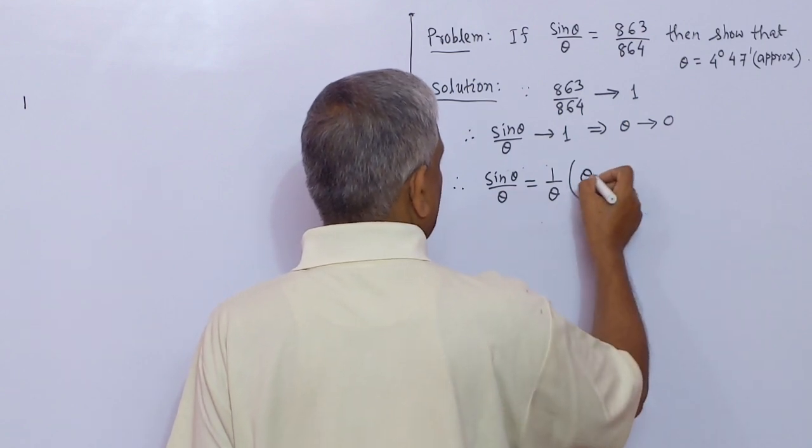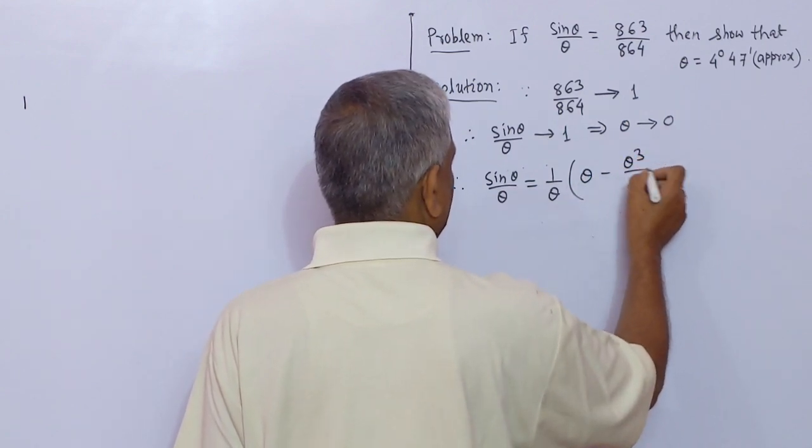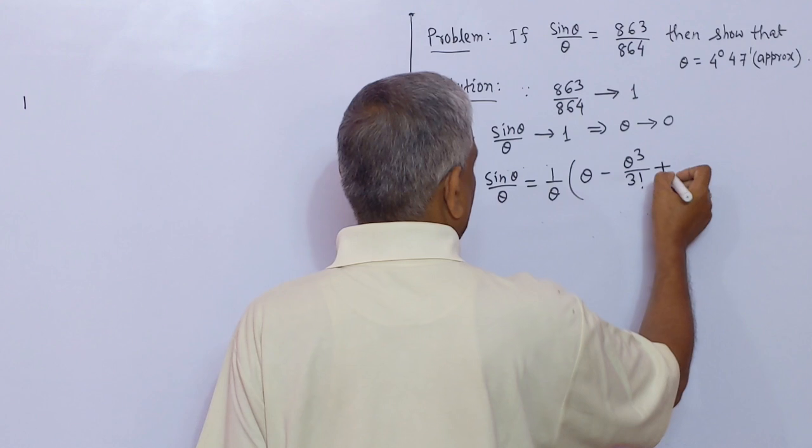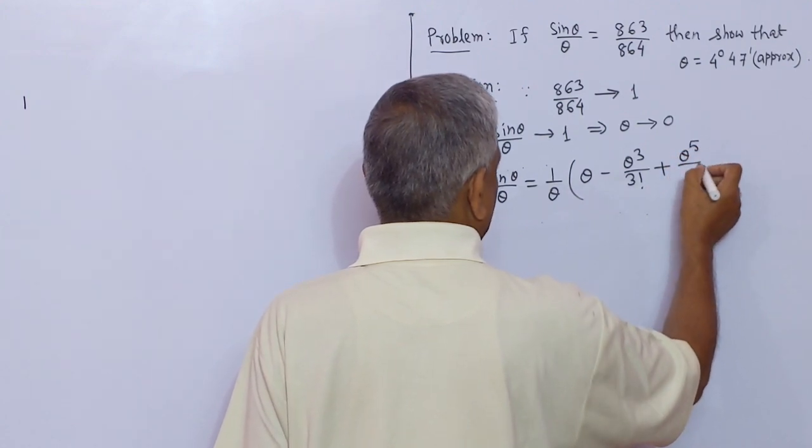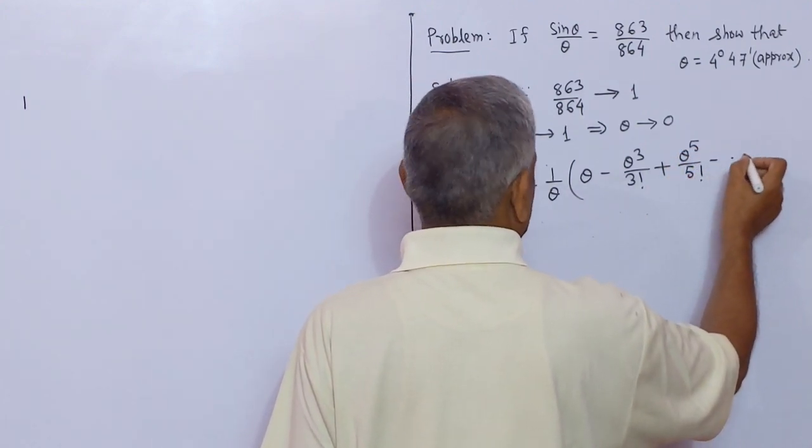So this is theta minus theta cube by factorial 3 plus theta to the power 5 by factorial 5 minus dot dot dot dot.